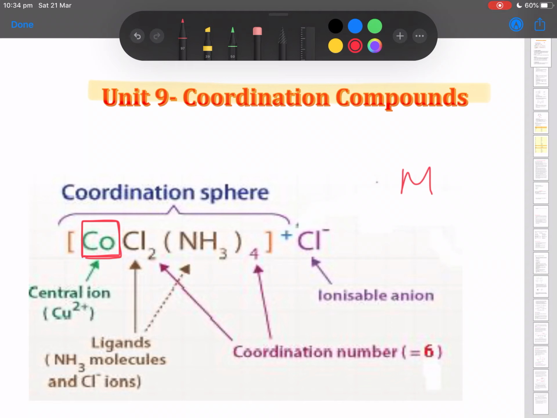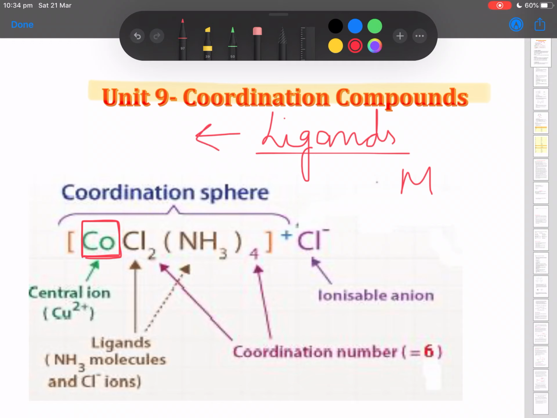So to compensate this d orbital, what happens? It participates in the bonding with ligands. There is a term called ligands. So there is a need to understand what exactly is meant by the term ligands. All ligands are such compounds, remember, which have lone pair of electrons. That's a must to have.